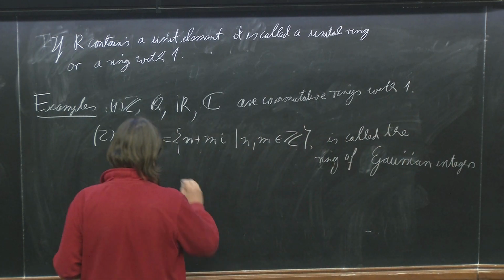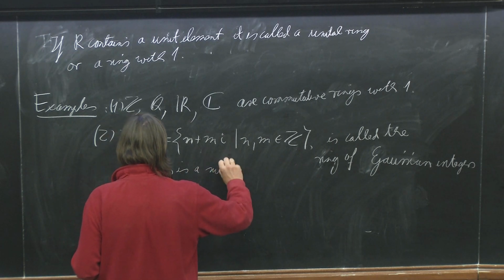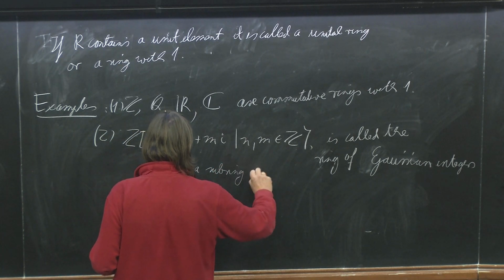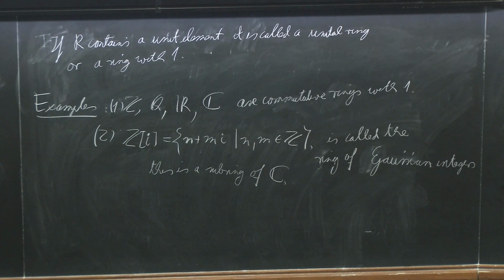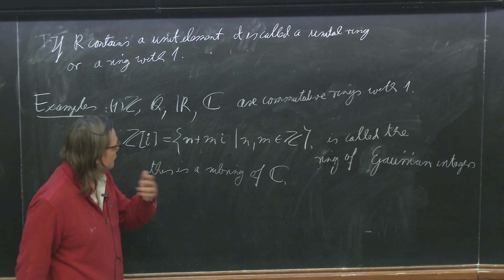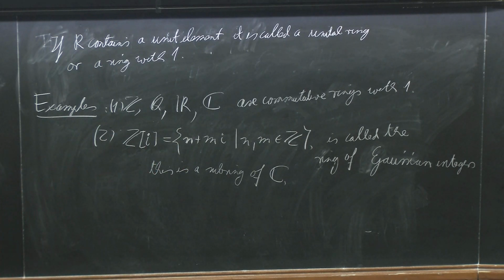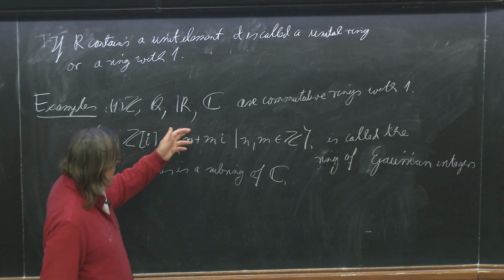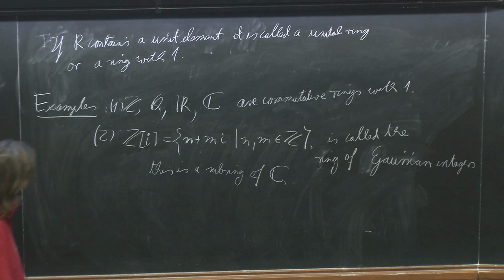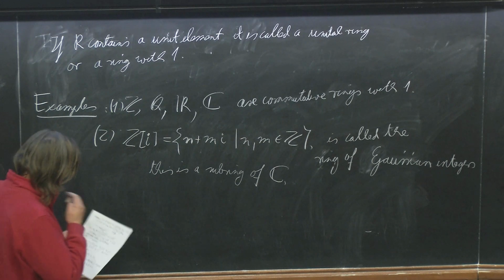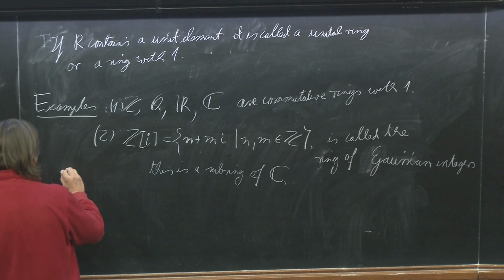And this is a subring of the complex numbers. So if you multiply any two such things, or add any two such things, you will still get that it is a plus b i, where a and b are integers. So these are both commutative rings.